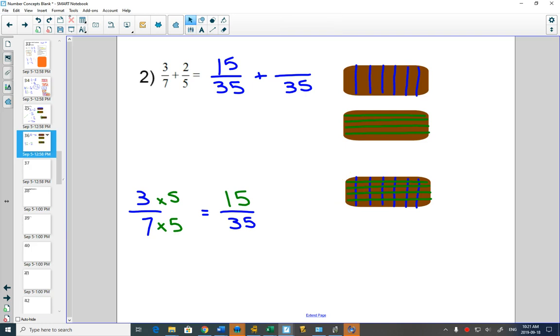Next, we look at having 2/5. That's 2 of those long green pieces. How many would that be out of 35 in total? How many pieces do we have if we take 2 bars that way?